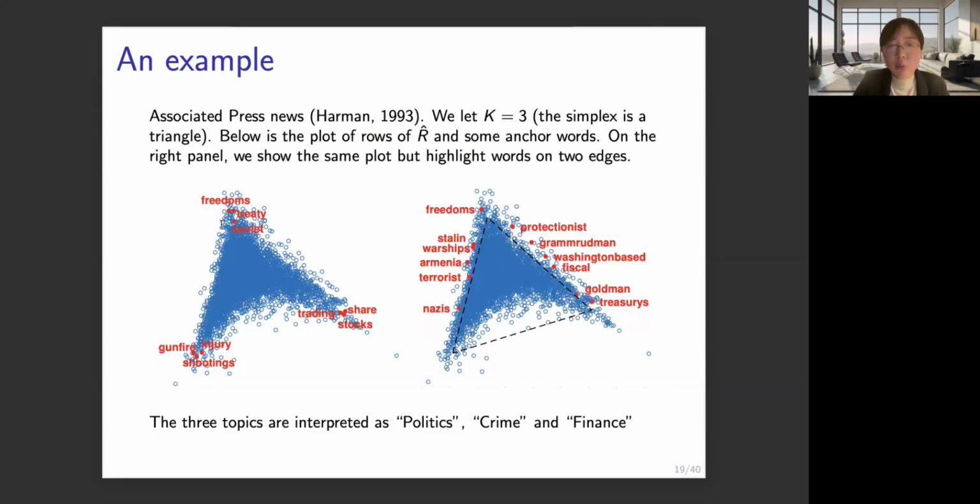Those words located on each vertex are the anchor words of each topic. Just by reading these anchor words, we know that one topic represents finance, another represents crime, and another represents politics.